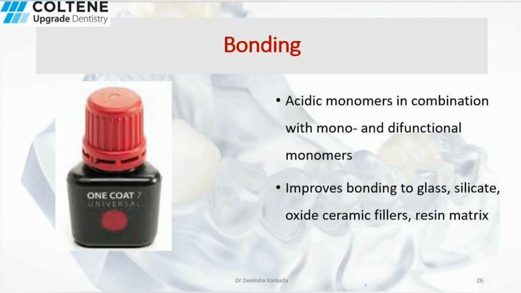An indirect restoration is only as good as its bonding, they say. 1-coat-7 universal has acidic monomers in combination with mono and difunctional monomers, and it improves bonding to glass, silicate, oxide ceramic fillers and resin matrices, and hence plays a vital role in bonding the restoration to the tooth surface, and it has to be done very well.